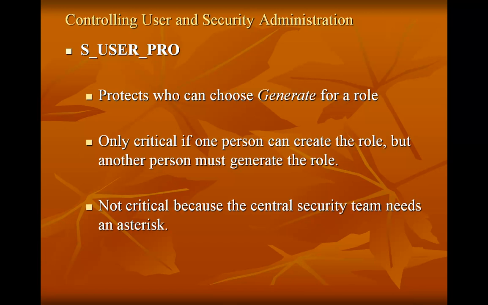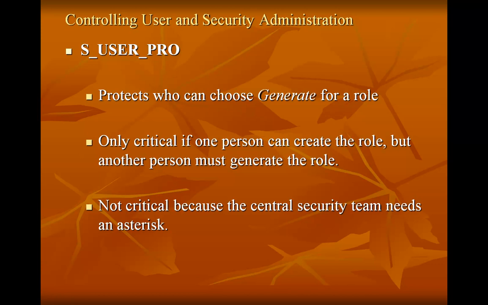But if you have a situation where you want a second level person to create a role for you, but you don't want him to finalize it, and you want to review what he has done, then maybe you don't give that person access to PRO, so he cannot generate the profile, and you get access to this, so you can generate the profile after reviewing.